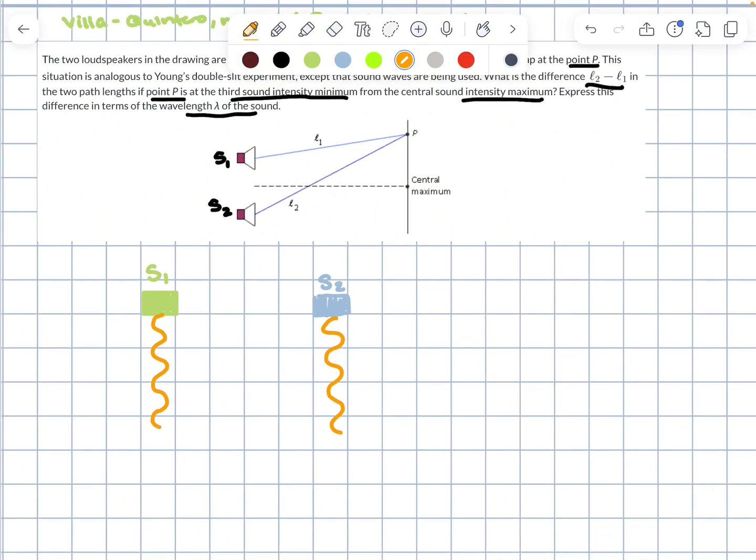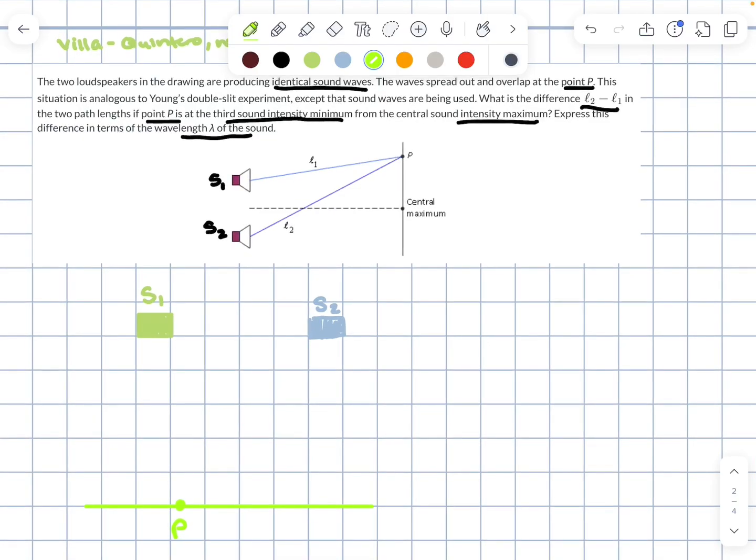So I'm going to say that we have this surface here, and point P is here, closer to S1. I'm going to redraw these so that they spread out and overlap at point P. So this is coming to point P, and this one also comes to point P, so they meet.